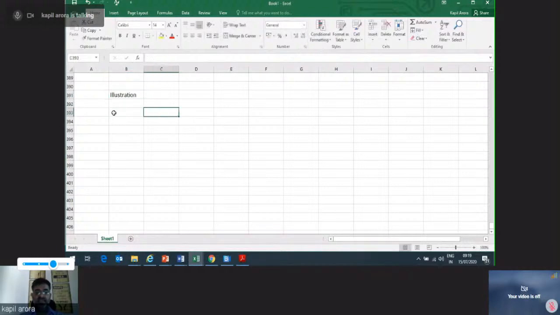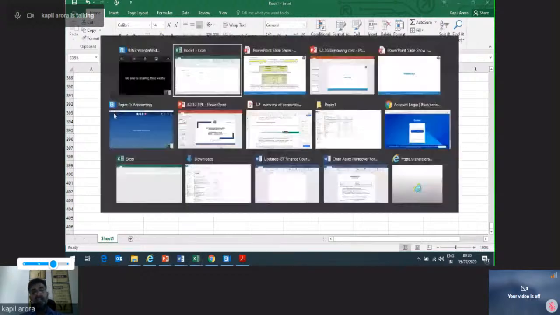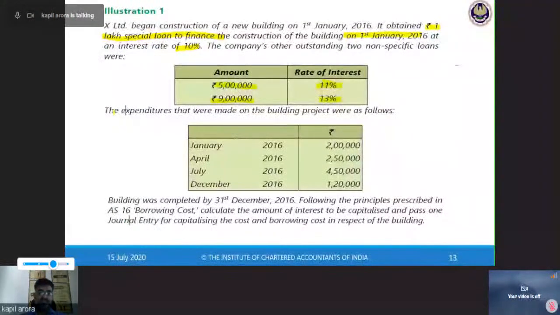So this is the illustration. I have specific borrowing, which is 1 lakh. I have general borrowings, which is 5 lakh and 9 lakh.